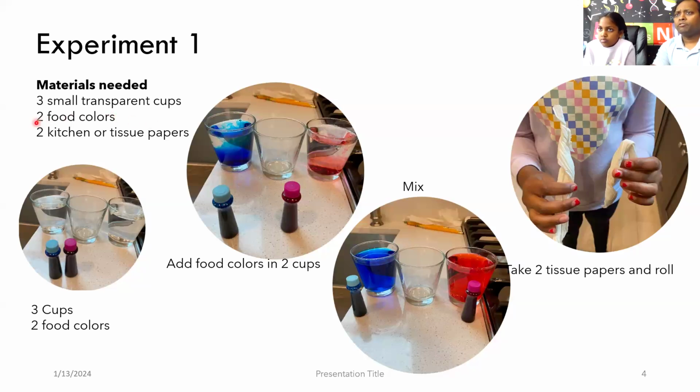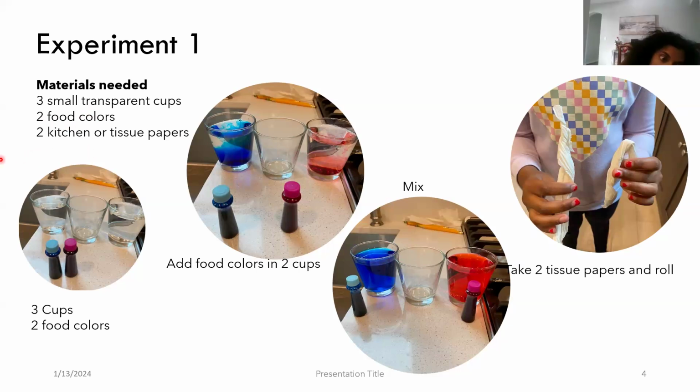Then we want two food colors, or any colors. If you don't have food colors, that is still fine, we can just see how the experiment works with water. And then two kitchen tissue papers, just like in this picture. We roll these kitchen tissue papers into small rolls, and then we are going to use them. So for this first experiment we need three cups, food colors if we have them, and kitchen tissue papers.